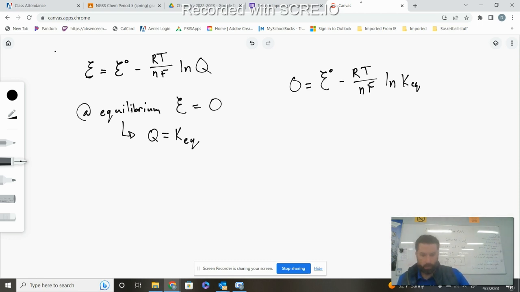Which is nice because then when we rearrange, we get that our standard cell potential is equal to RT over NF ln of KEQ.